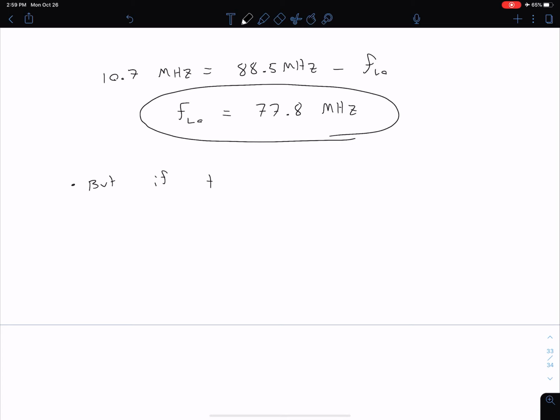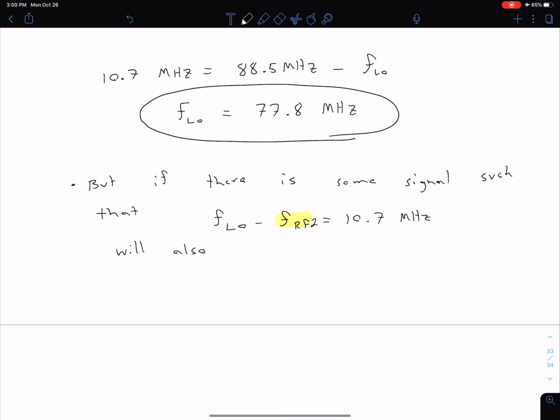If there is some other signal such that the local oscillator frequency minus our RF frequency is equal to 10.7 megahertz, then this RF frequency is going to be down converted as well. Let's specify that as FR2, and so this will also be down converted.